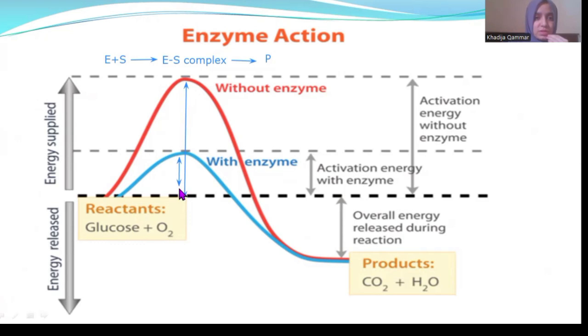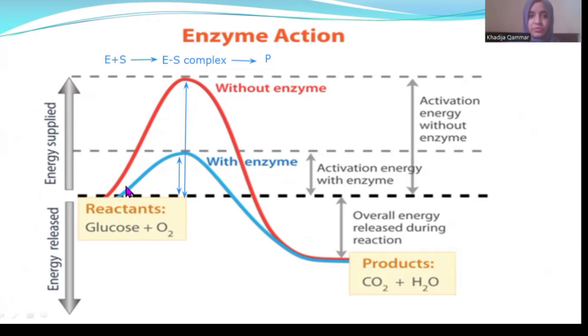And this one is the lower curve. This represents the reaction with enzyme. Notice something very important: the enzyme provides an alternative reaction pathway. You can say this reaction pathway starts from the same point, but the pathway is different from that with no enzyme.